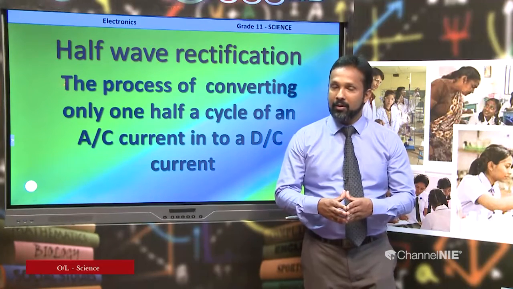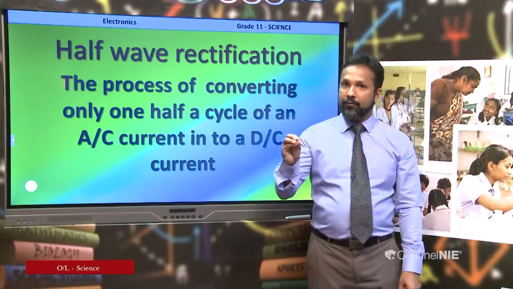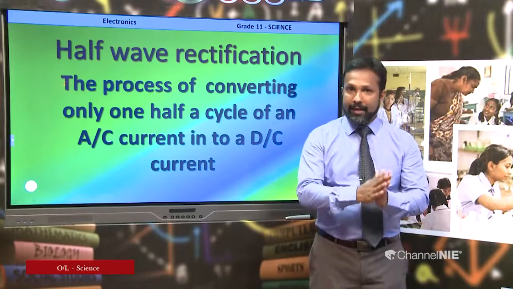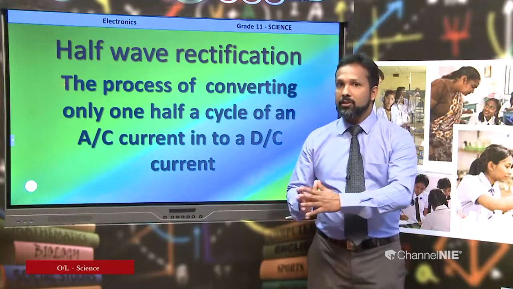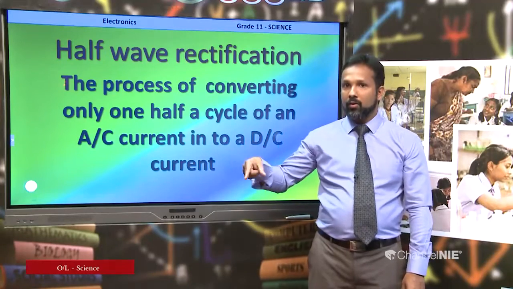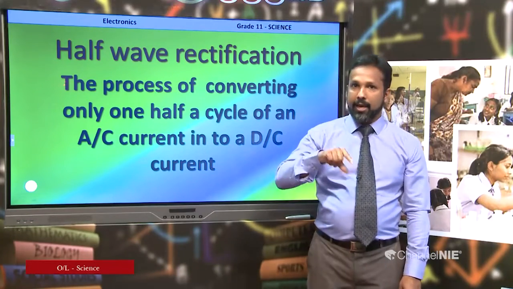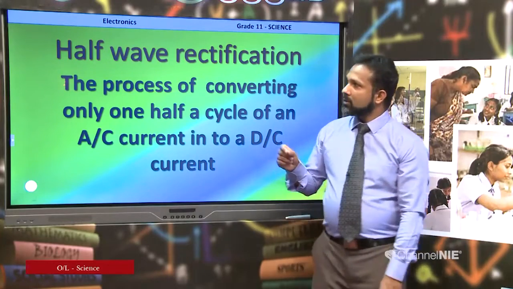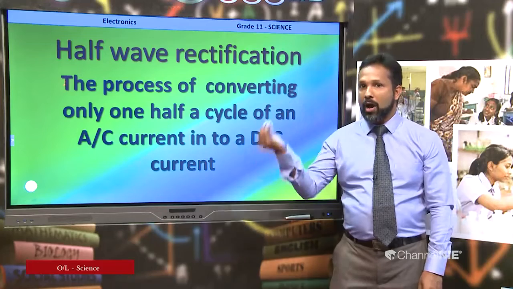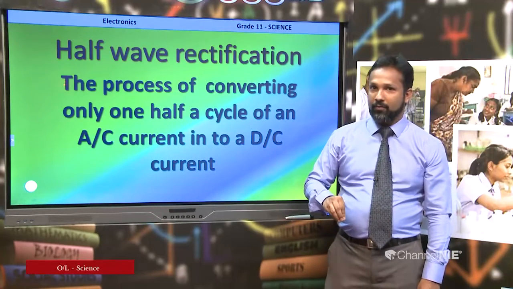Can you remember when plotting a graph for the alternating current, voltage across time, there were sinusoidal waves. That wave consists of two halves, positive half and negative half.